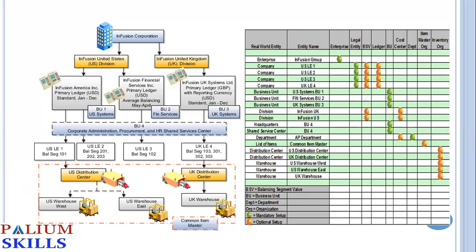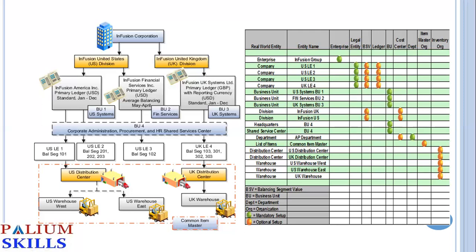The Infusion United States US division, right? I was thinking, are they not legal entities or legal employees? Which one? Sorry, which one? The Infusion, the divisions. Right. No, divisions are basically combination of the entities. Okay.